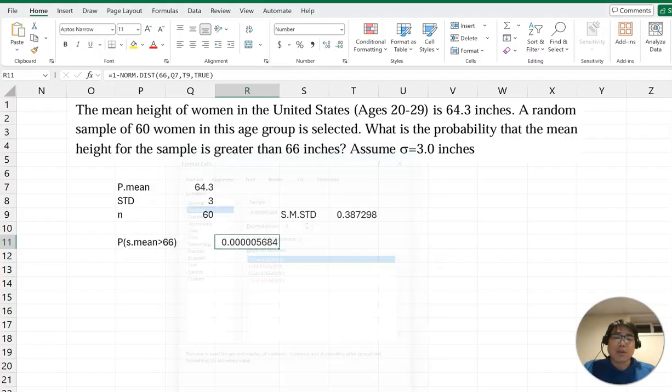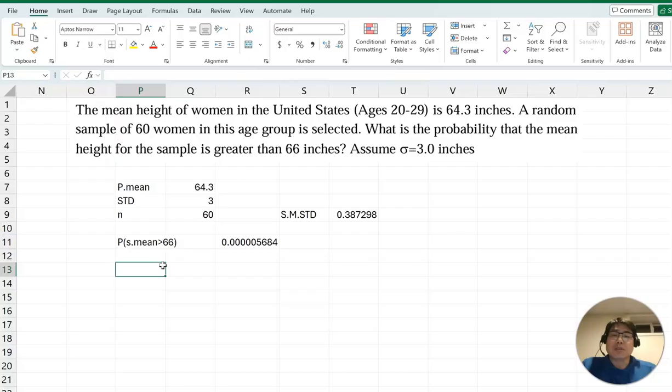Now we can see this is about 0.0000005684, so it's almost 0. Based on that we can conclude the probability that a woman's height is greater than 66 inches is almost 0%, or you can say about 0.000057%.